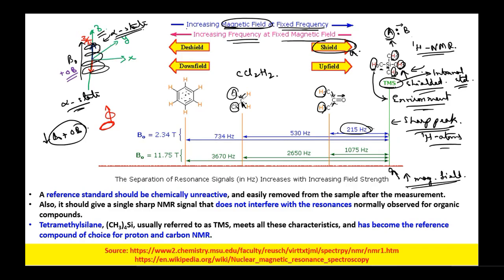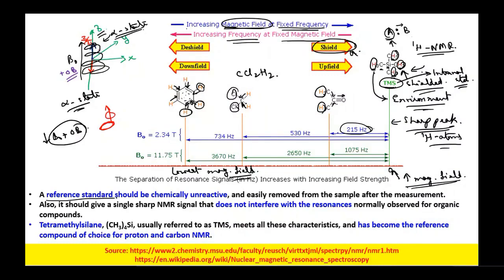So this benzene ring is basically electron hungry, and due to that reason it will pull the electron cloud towards this central region, and due to that reason, if you see the peak for the benzene protons, it will be at the lowest magnetic field. Okay, it will be at the lowest magnetic field.